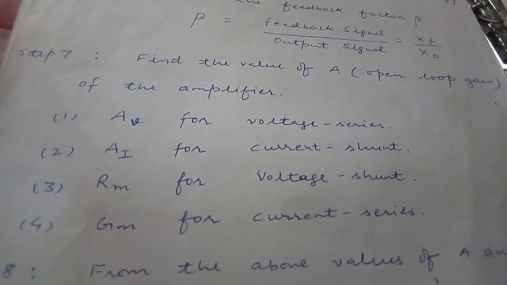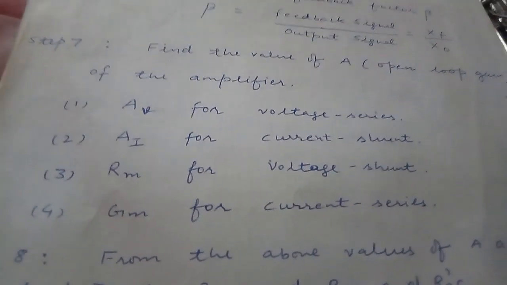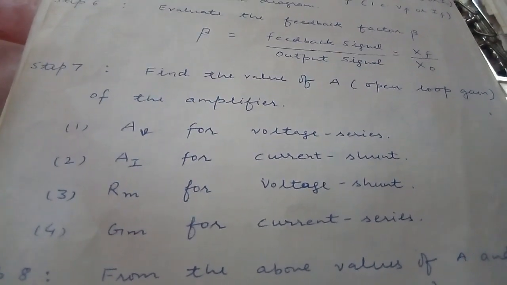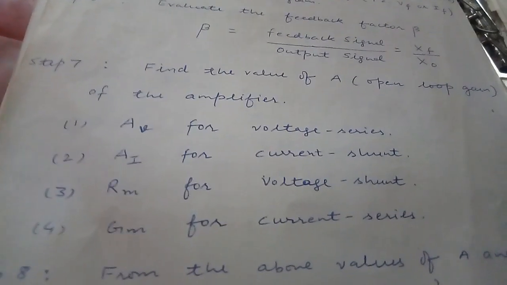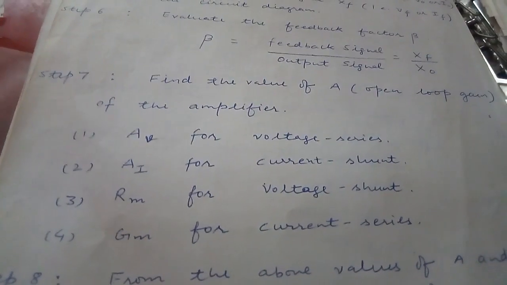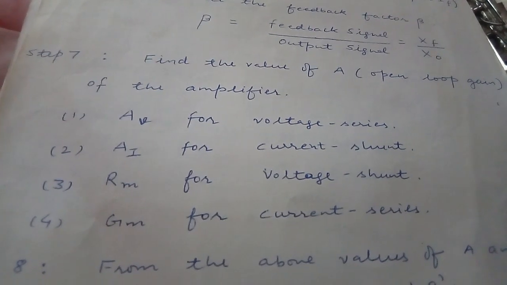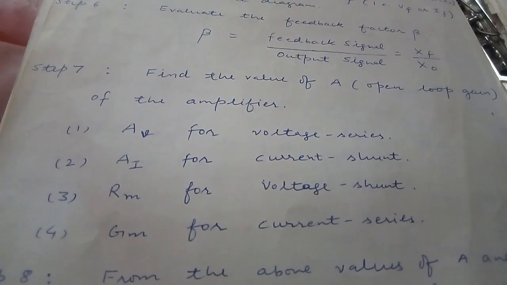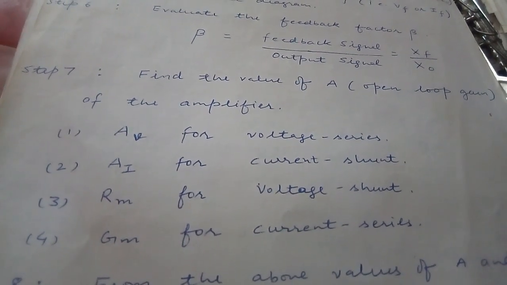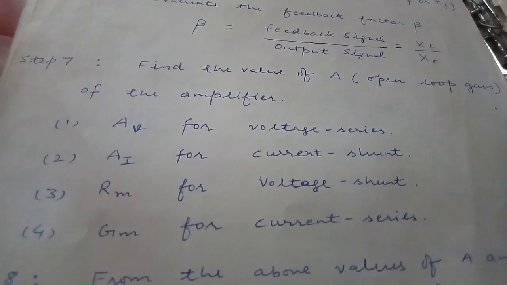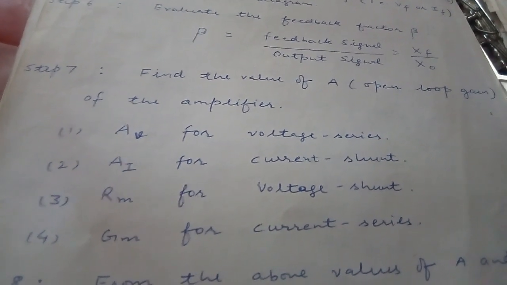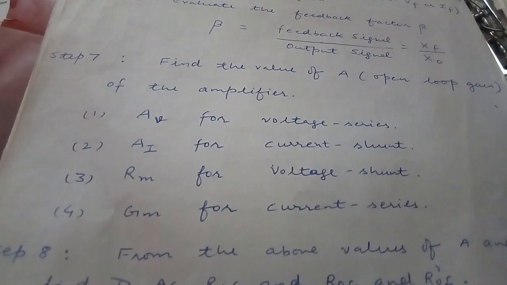In case of voltage series feedback topology, it is AV which will be stabilized. With the help of this AV, we may find any other gain if we require. But as a necessary gain, we will find AV for voltage series and AI for current shunt, and similarly for other topologies.